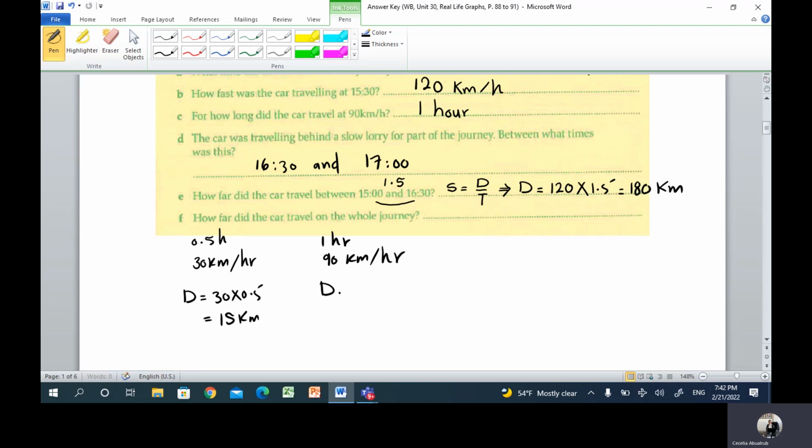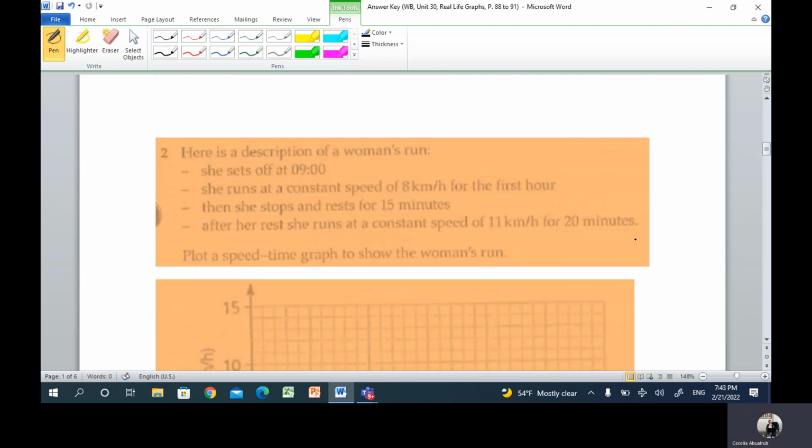So the distance is equal to speed times time, and it will be 90 kilometers. So if we add the 180 plus 90 plus 15, the answer will be 285 kilometers. So this is the first example.